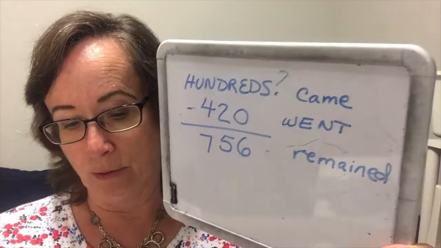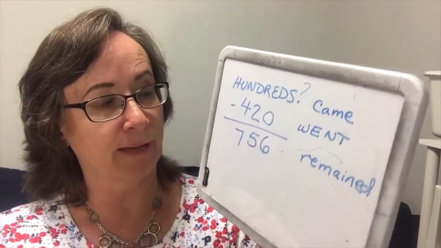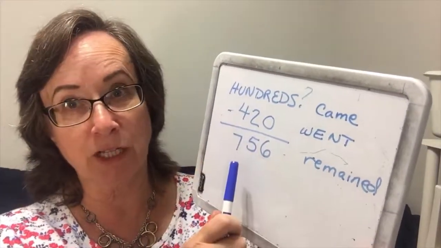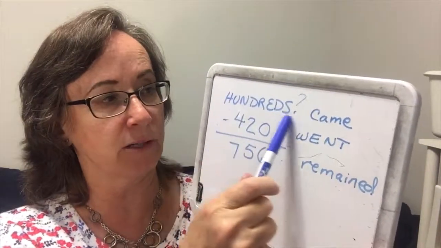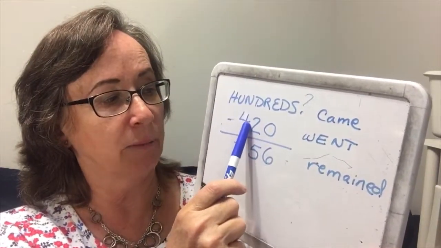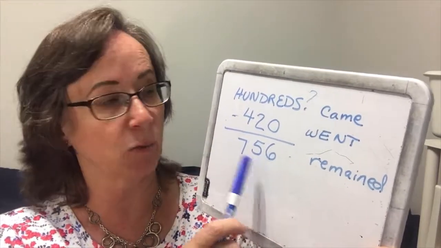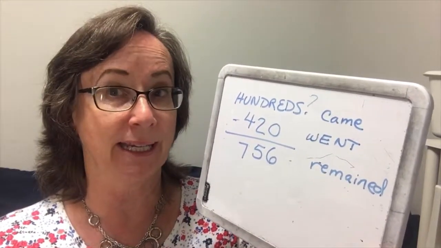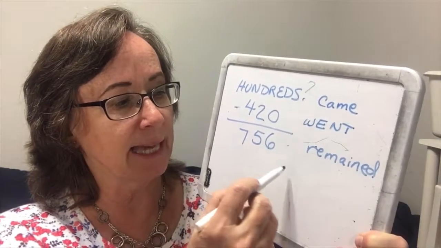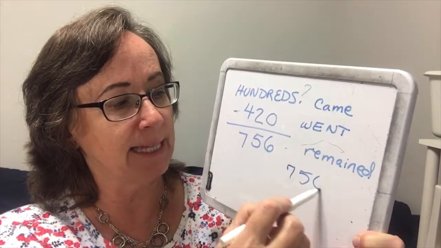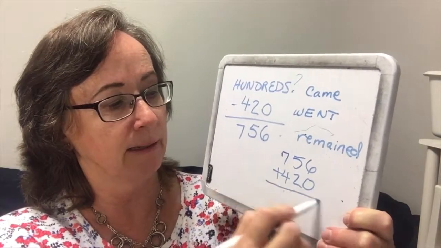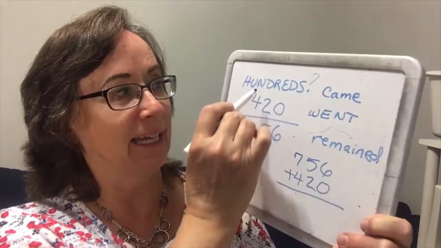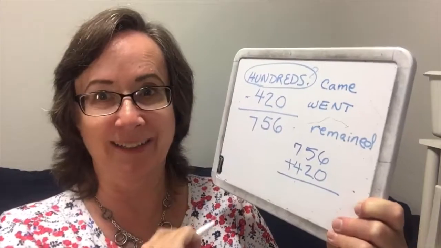Okay, so now we've got a subtraction problem. So isn't this our big number? Here's our altogether number. And then we're subtracting this and we're getting this. What if we turned it around and made it an addition problem and said 756 plus 420 is going to give us the hundreds, isn't it?